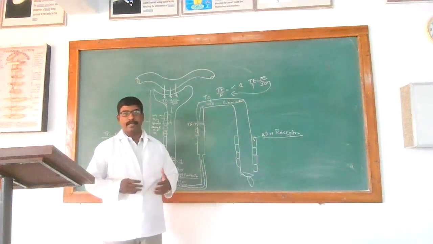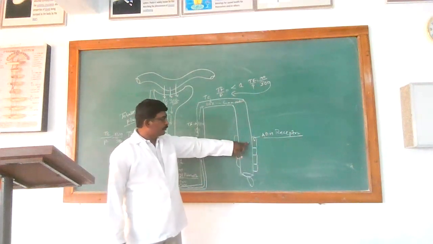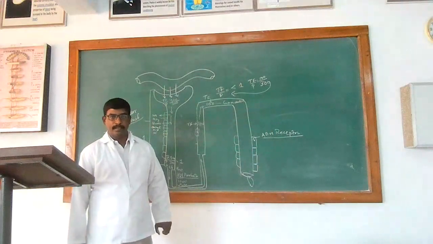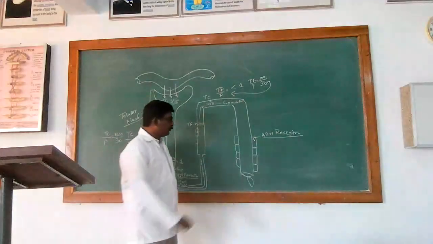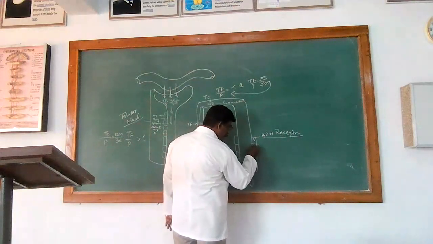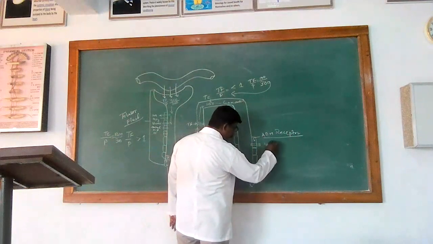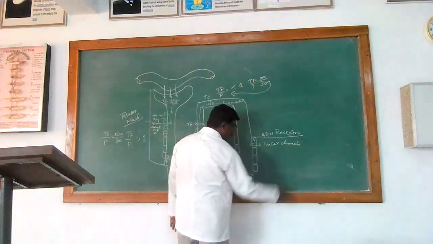There is carbonic anhydrase and the formation, and there is deposition of the aquaporin into the lumen of the nephron, and there is a formation of water channels.